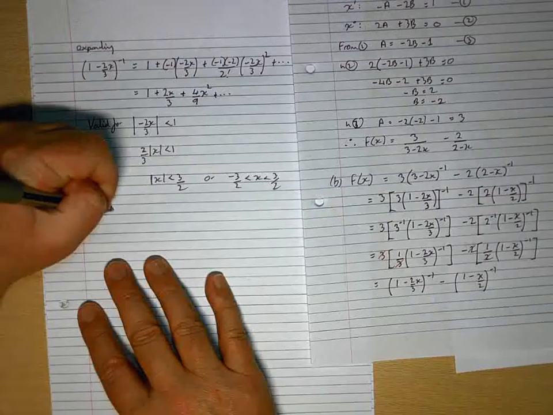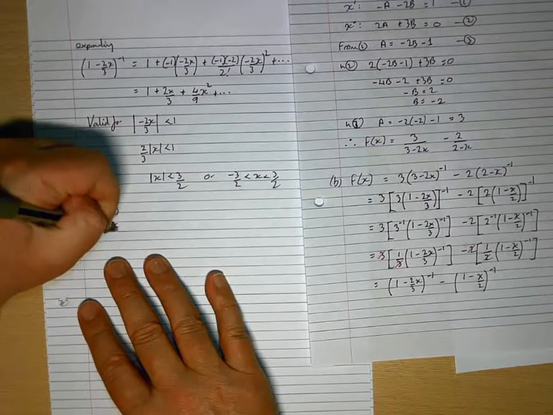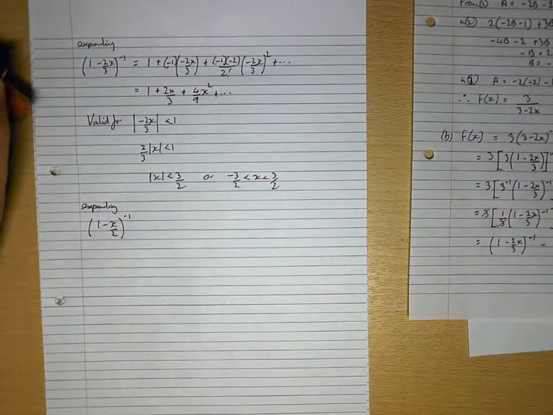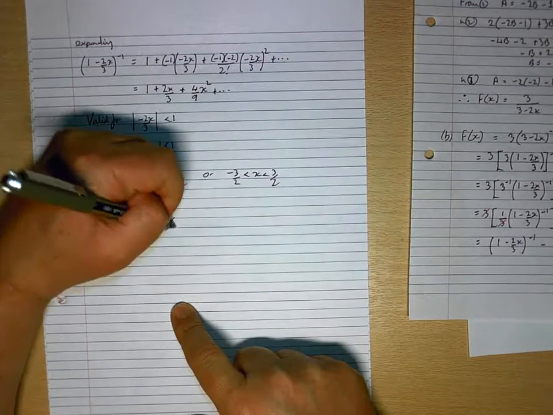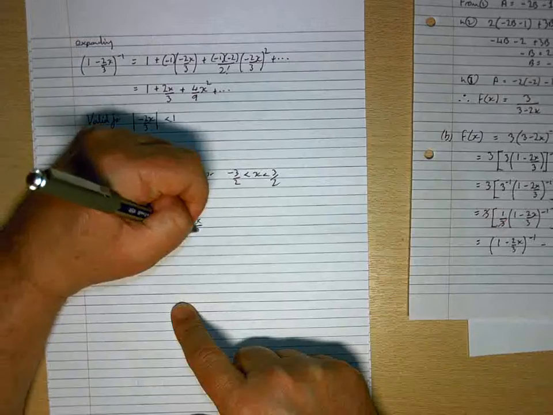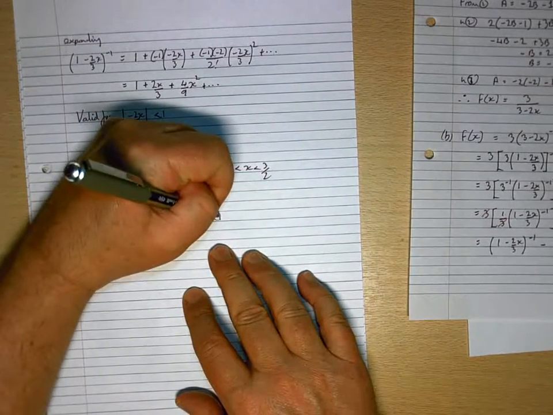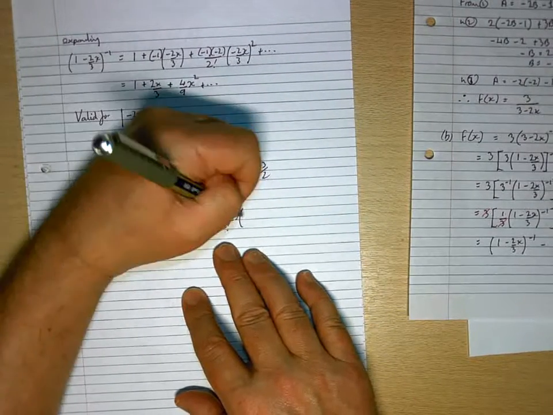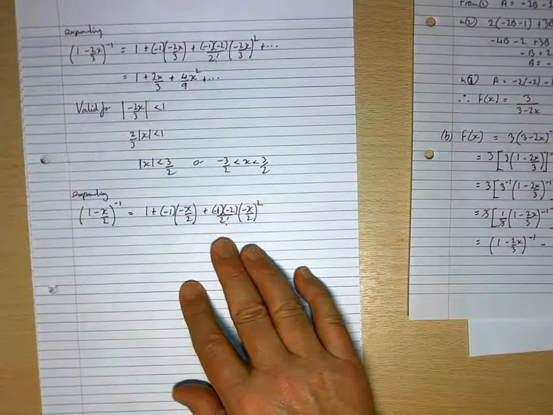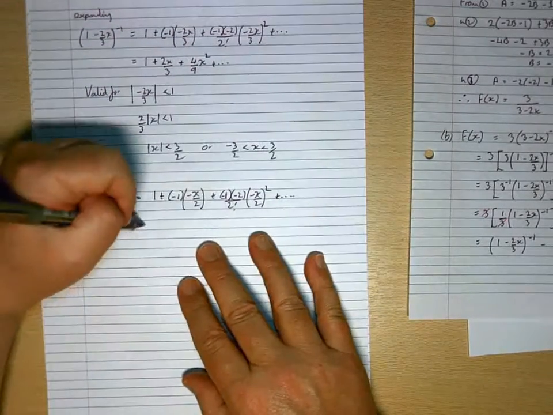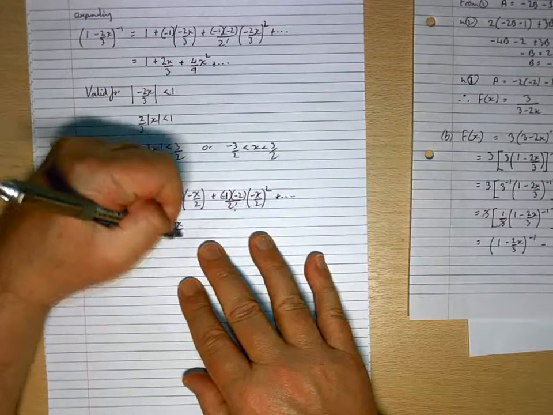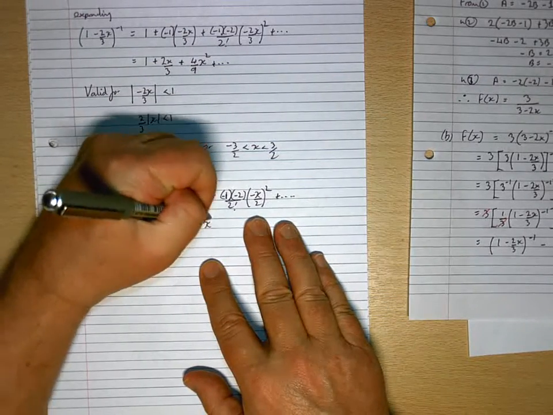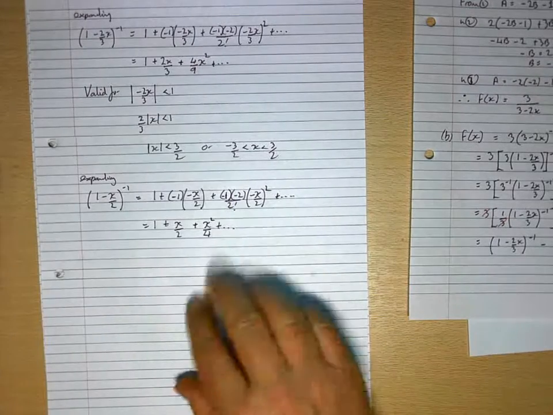So expanding (1 minus x over 2) to the power of -1: 1 plus n x, plus n minus 1 over 2 factorial x squared, plus... 1 plus x over 2, that's going to be plus, that's going to be plus, they'll cancel, x squared over 4.